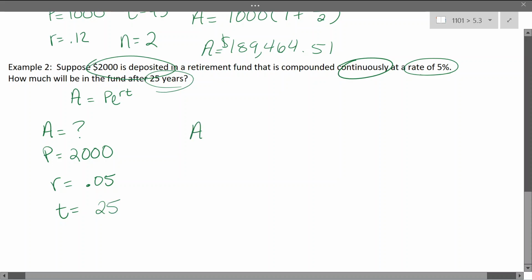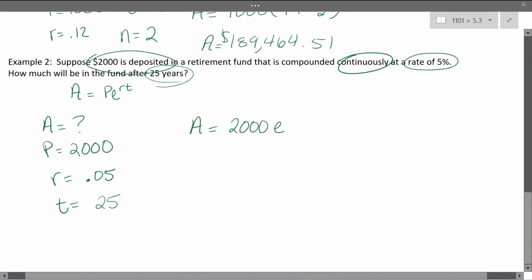So we have A equals 2,000 e to the 0.05 times 25. So that gives us $6,980.69.